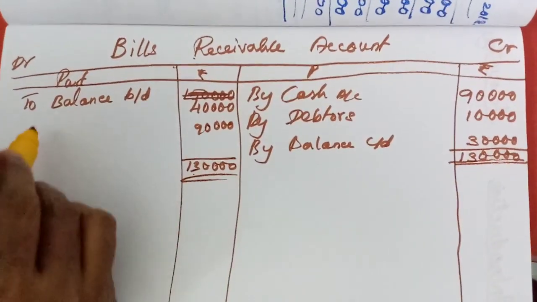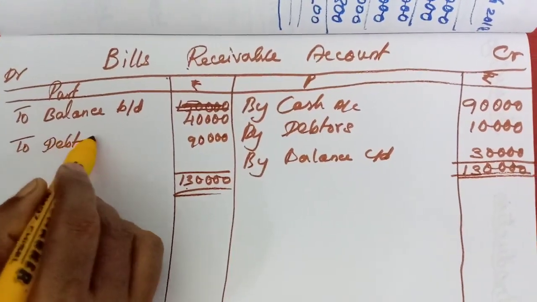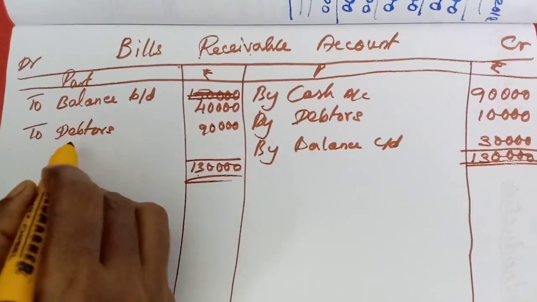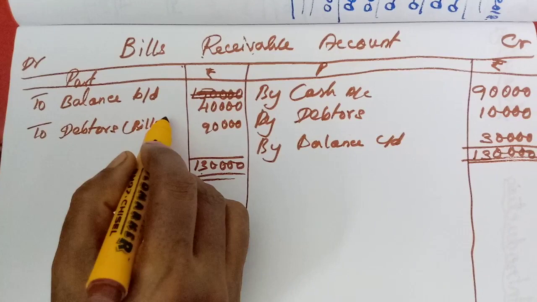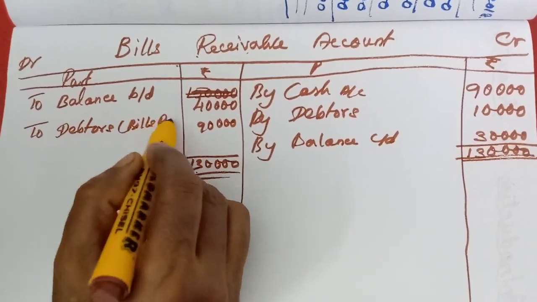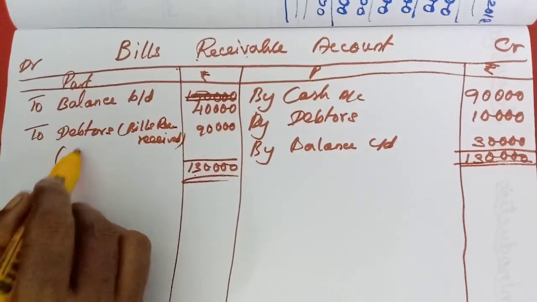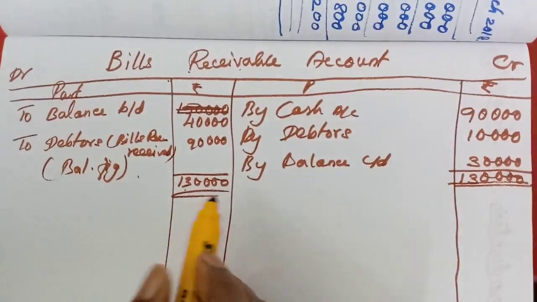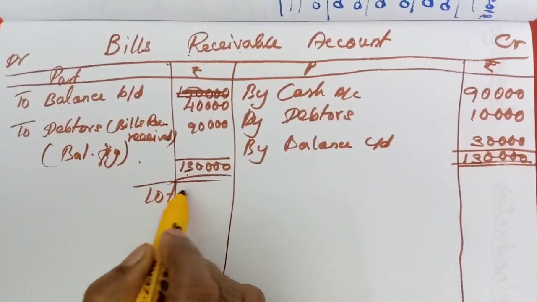So you have to write to debtors account. What is the entry? Bills receivable from debtors. Bills receivable account debtor to debtors. Here, bills received. Bills receivable received. Balancing figure 90,000. Next account, total debtors account.